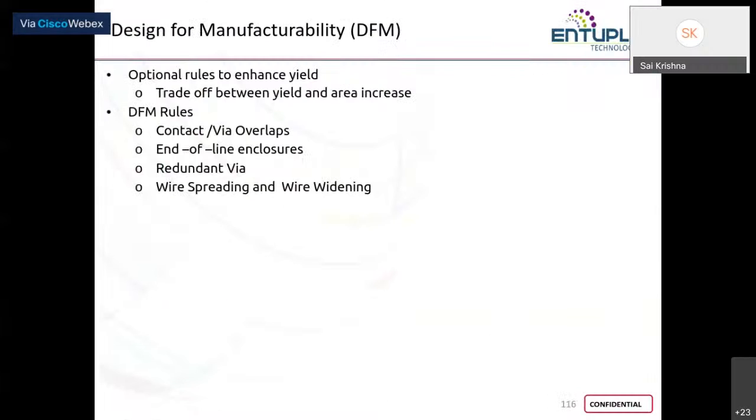To keep it simple, DFM is a trade-off between the yield and area increase. Whatever design you make, when it is clear of all the physical verification, you send it for tape out, right? When you are sending it for tape out, your design occupies a certain area, it'll have a certain die area. So for a unit silicon wafer, how many productive chips are you able to take out?